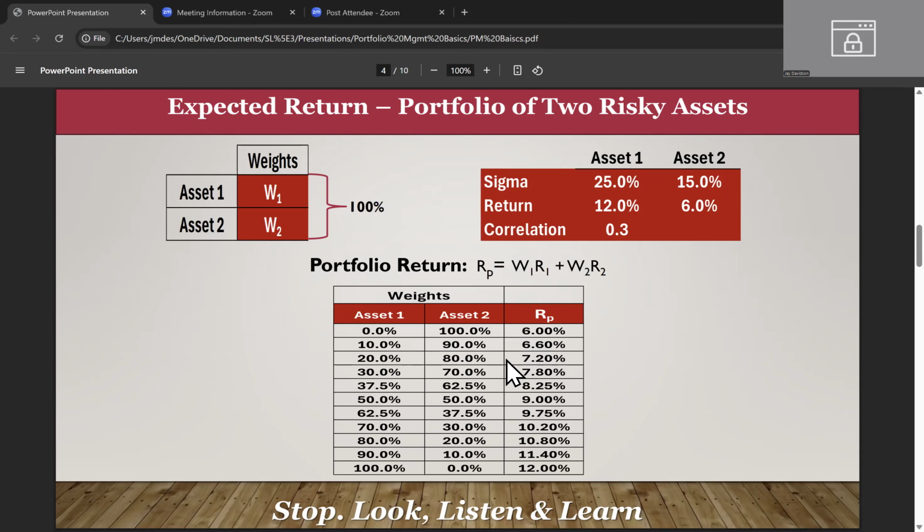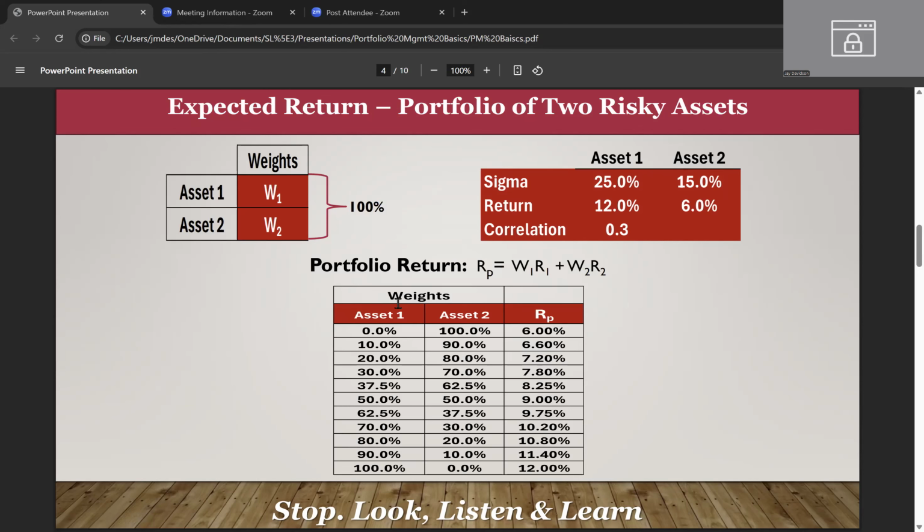Well, then we can look at that and say, okay, the return on the portfolio is 7.2%. And so basically what this tells you is that the return on a portfolio is simply a weighted average of the returns of all of the assets within the portfolio.